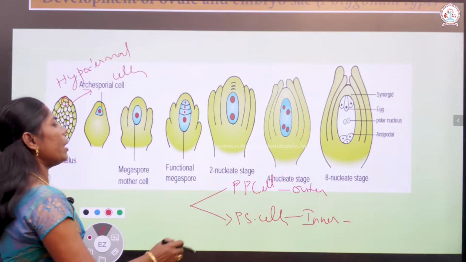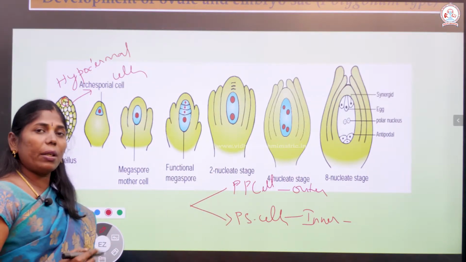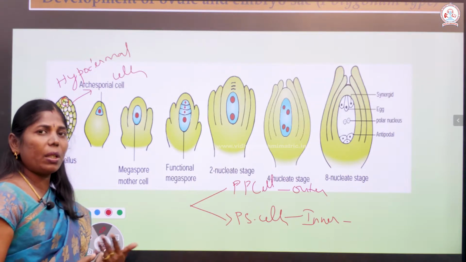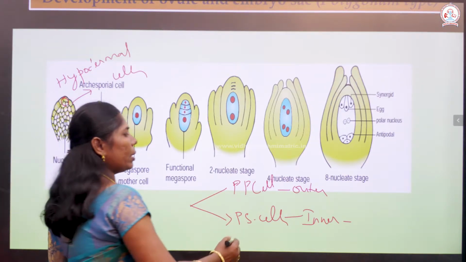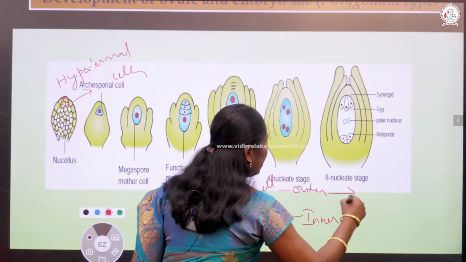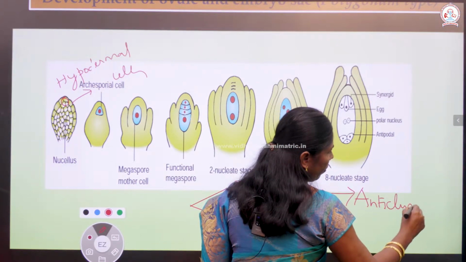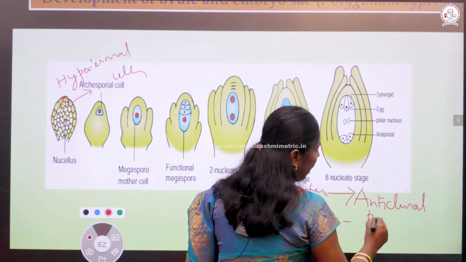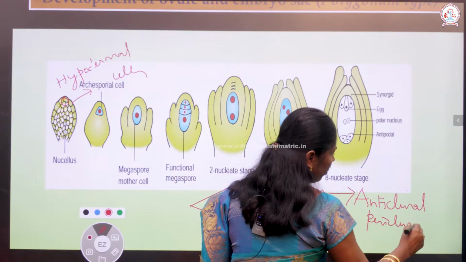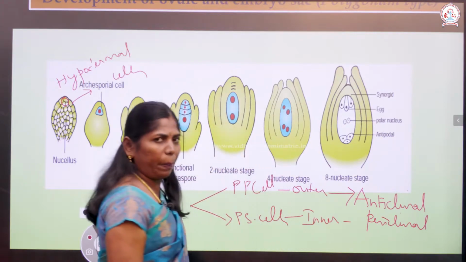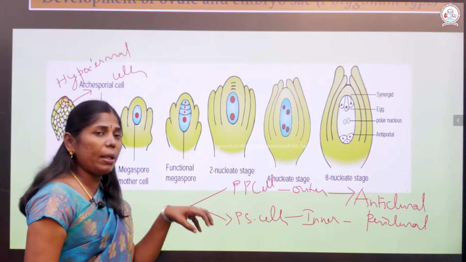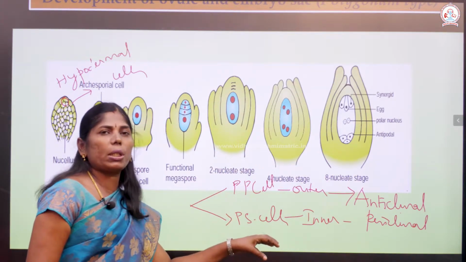The primary parietal cell may be divided or undivided. If it divides, it undergoes anticlinal and periclinal division to embed the primary sporogenous cells.